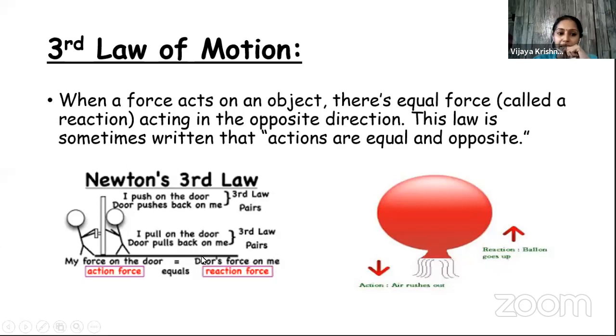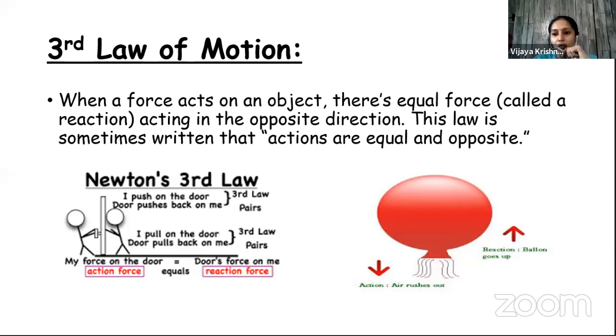Similarly, we can talk about the push and pull that is there on the door. So one is the action force and one is the reaction force. The same forces happen when the body elicits different movements with the help of muscles. So these are the three laws of motion.